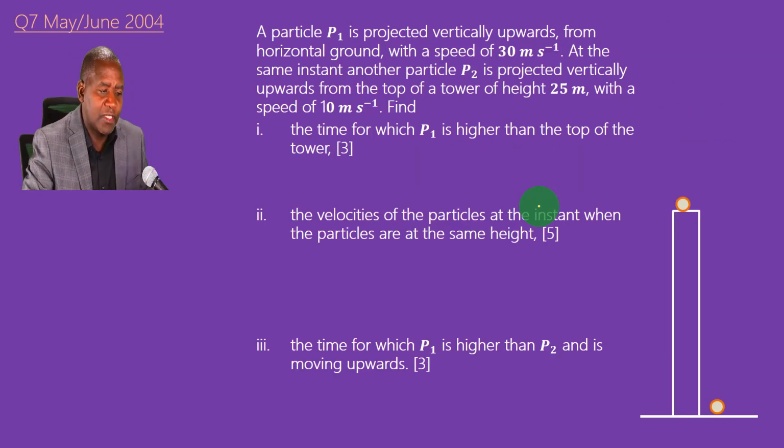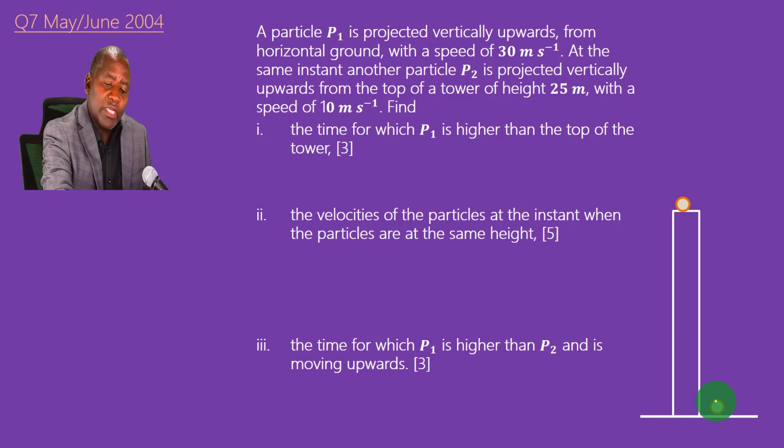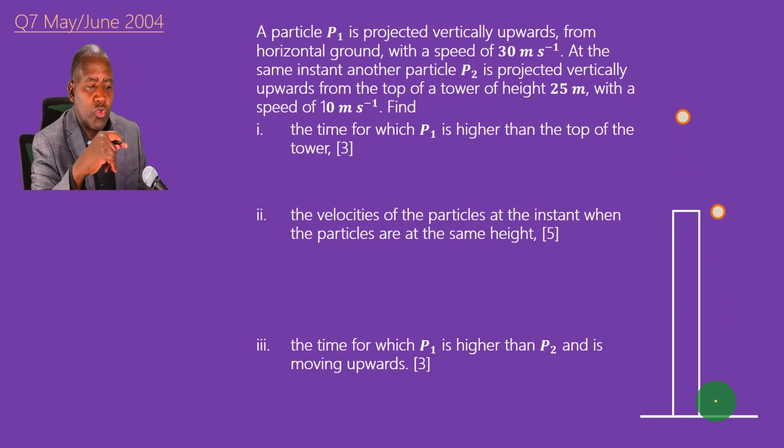Let me go to the first situation. So here I've got particle P1, which is at the bottom of the tower. And both of them are projected vertically upwards at the same instant. I tried to create a simulation of this so that you can see what is happening, but apparently I never completed this.